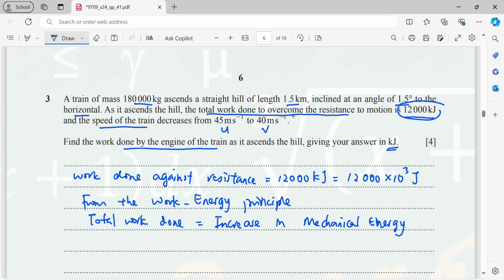So now, the total work done is defined as work done by engine to speed up the train. I will write work done by engine minus work done against the resistance. So that's why I said that is the net work done.